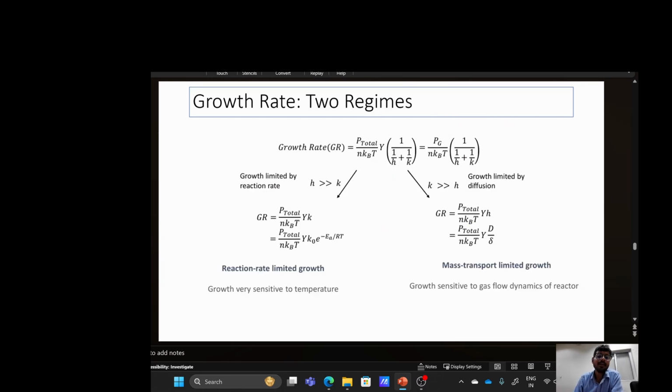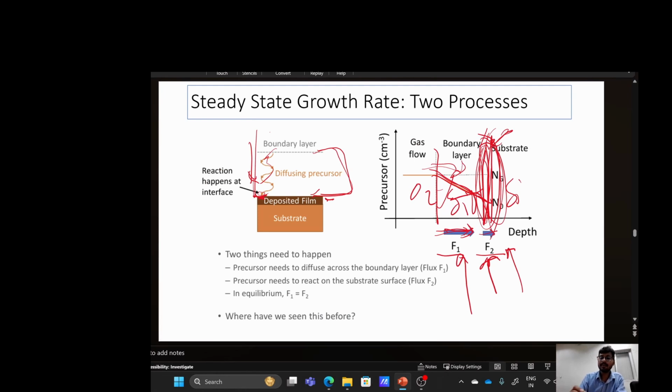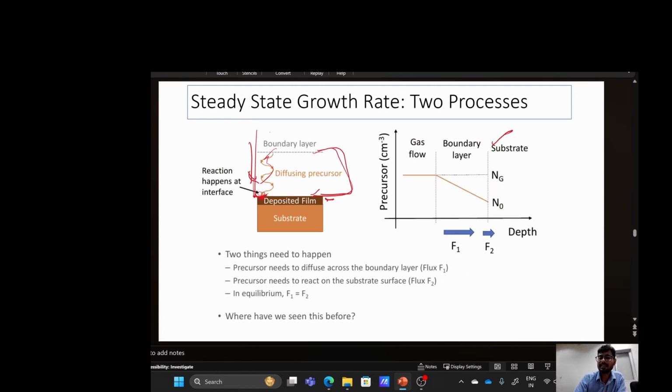Now here come the two regimes. What we have seen is that there were two things, F1 and F2. One is F1, the flux due to diffusion, and F2 is due to the reaction.